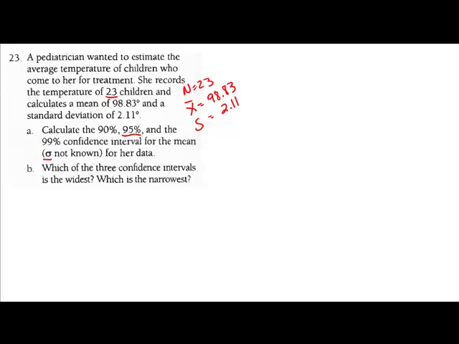So our n is 23, so our degrees of freedom are 22. Okay. Confidence interval equals x bar plus or minus your value of t times the standard error. Better go back and compute that. Standard error equals 2.11 divided by the square root of n.